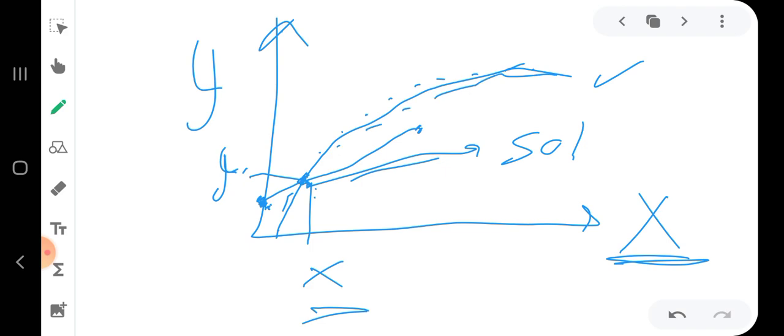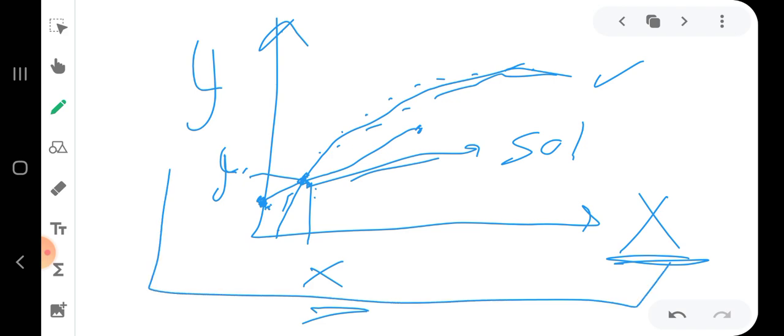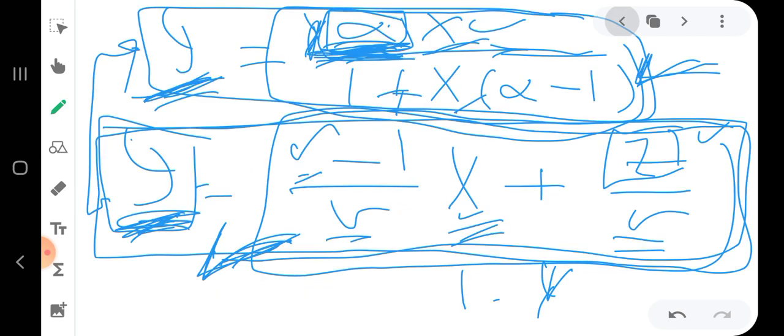Keep in mind that this way of solution, either using a graphical solution or an algebraic solution with two equations, is only valid if you have a binary mixture.